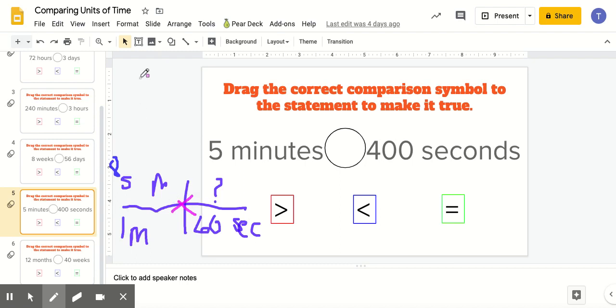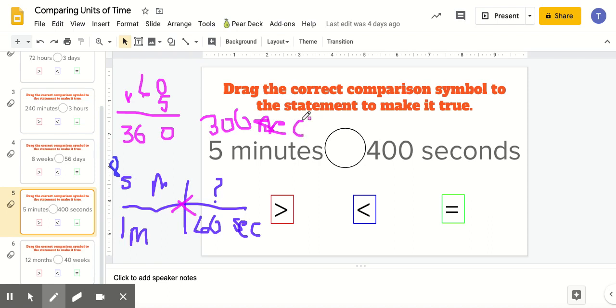They make an X. So I'm going to multiply 60 times 5. 0 times 5 is 0. 6 times 5 is 30. So 5 minutes is 300 seconds.